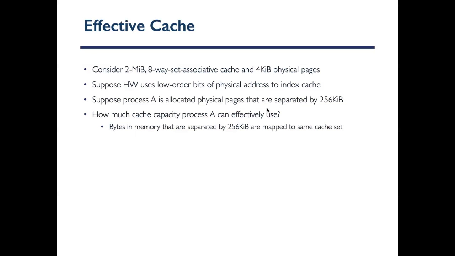So if you do the math, if you have a 2 megabyte memory with an 8-way set associative cache, and you're using the lowest bits of your physical address, you'll see that every 2 blocks in memory that are separated from each other by 256 kilobytes will be mapped to the same cache set.